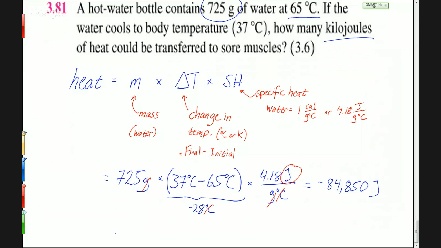All right, now that's joules. The question asks for kilojoules, so we need to divide that by 1,000. So minus 84.9. We'll round it off again, kilojoules. Or if you just wanted to say 85, that's fine too.